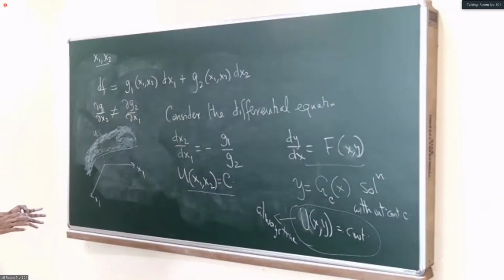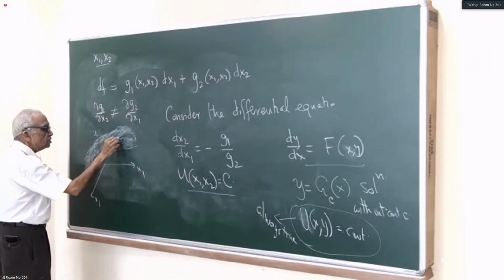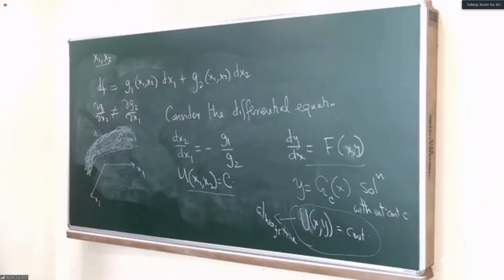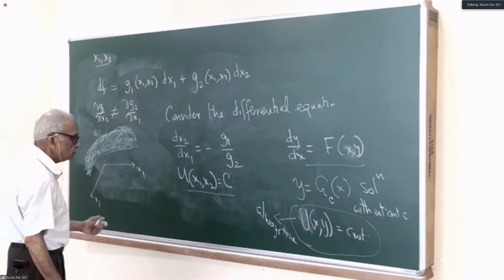So u(x1, x2) equal to constant is some kind of a surface in this three-dimensional space of u, x1 and x2.